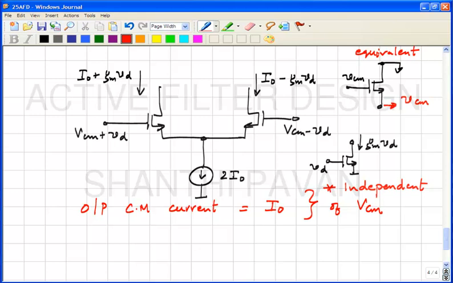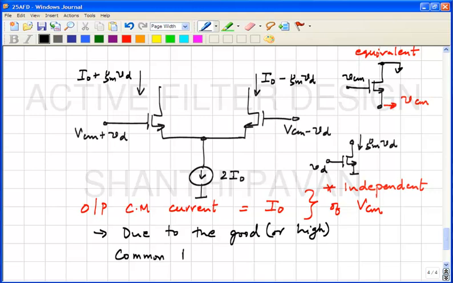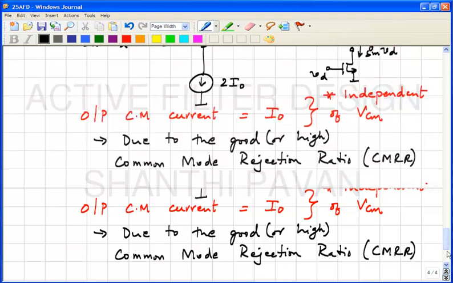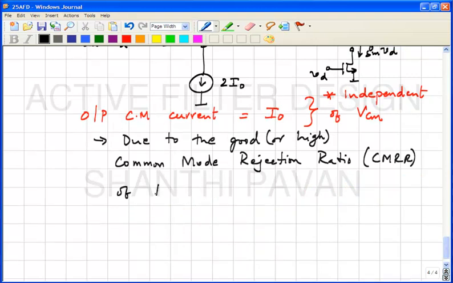Okay. So this is because of the good or high common mode rejection ratio of the differential pair.